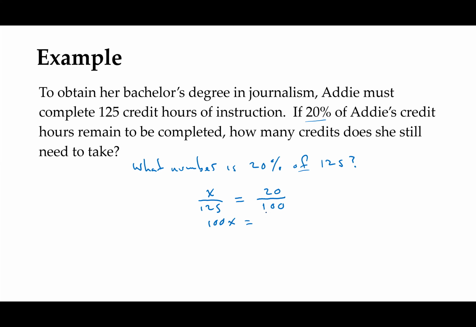Of course, you could reduce first if you wanted, right? So we get 2,500, divide both sides by 100. X equals, and then don't forget our units here. What are we talking about? We're talking about credits. So she needs 25 credits. Okay. Or credit hours.